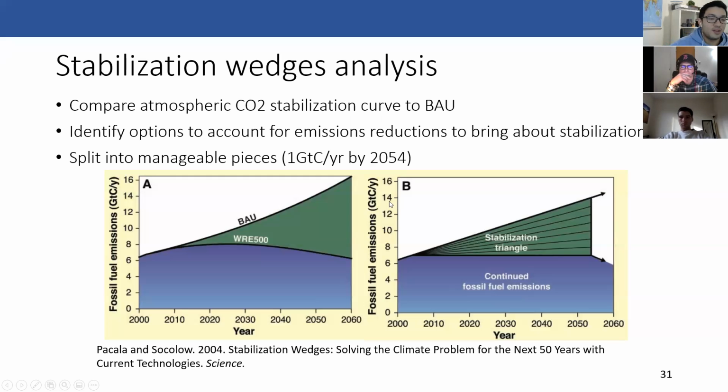This is a nice way of showing, hey, if I do these three things, that's going to bring me down here. If I do all of these things, that's how I can eventually get to my end goal. And so this is a way of splitting it into these manageable pieces.